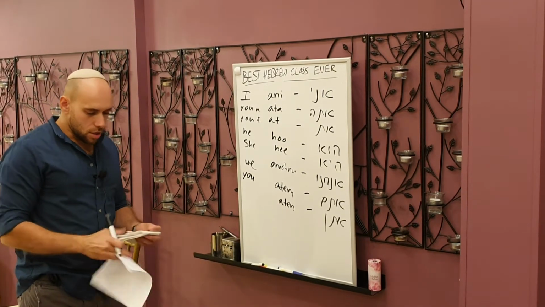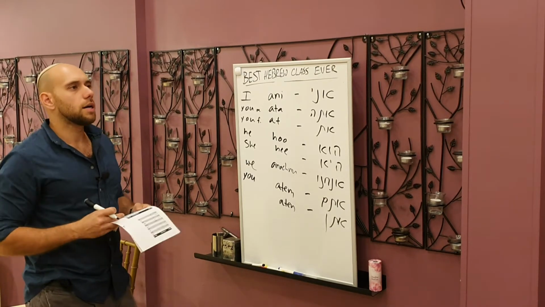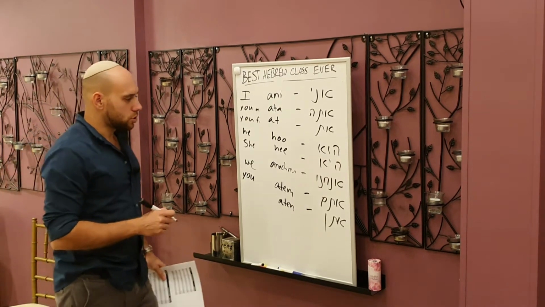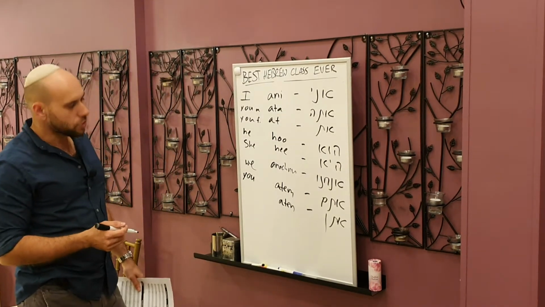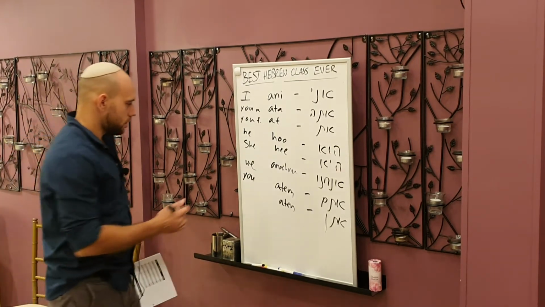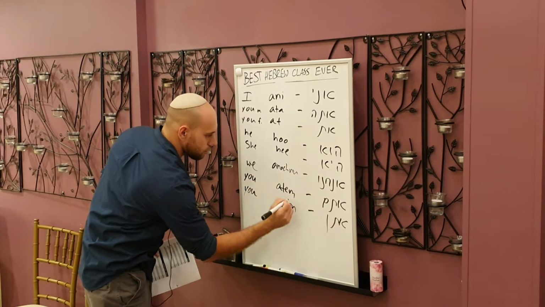Like if you were in a more casual setting, you would just always use the masculine? I don't think so. You might use aten, you might use atem. It's kind of a gray area when it gets to informal. Good question though.